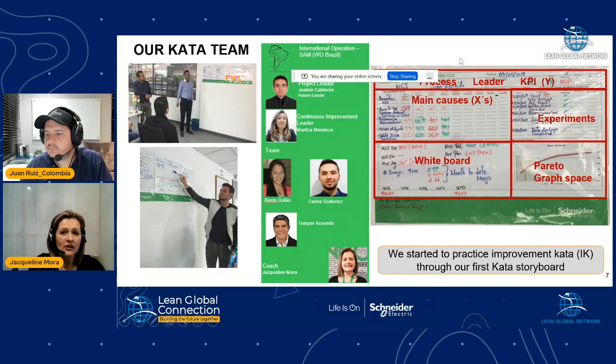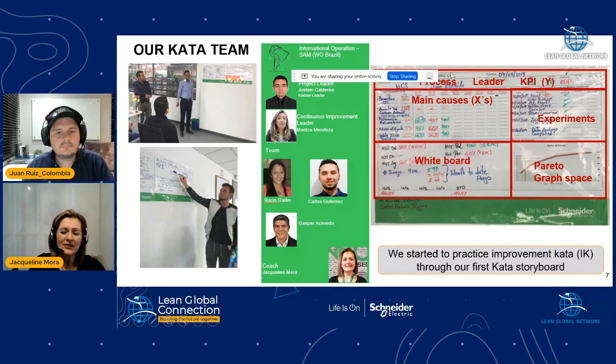So we defined our first board in order to pay attention to the main concepts about Kata in our customer care center. And thanks to Justin and the team, we had the opportunity to bring three powerful tools to the team. The first one was a physical board.